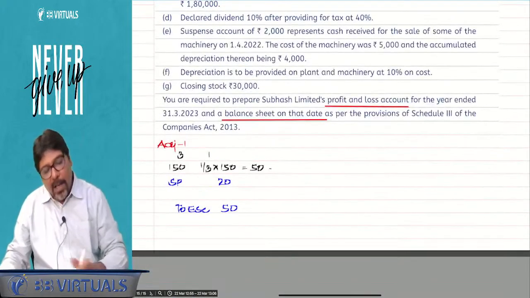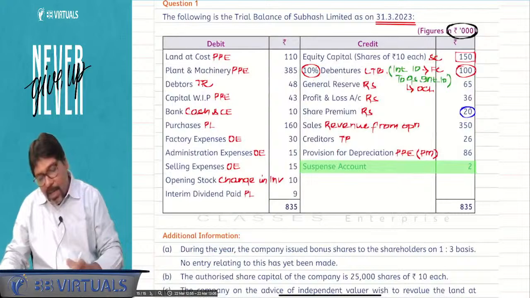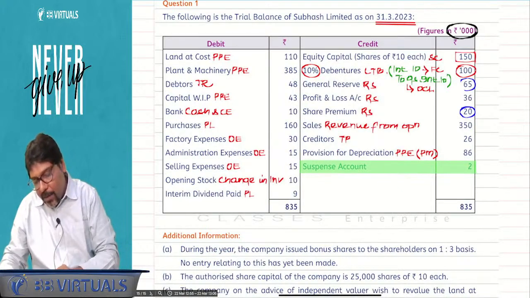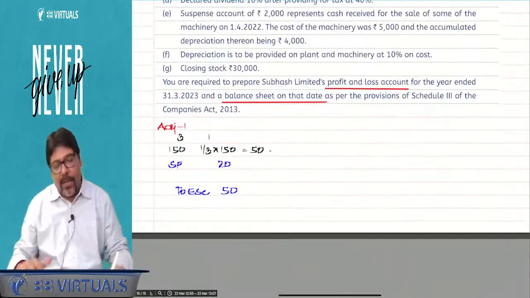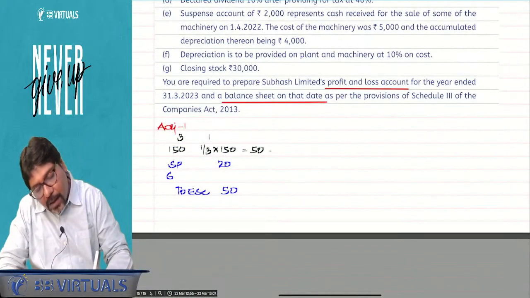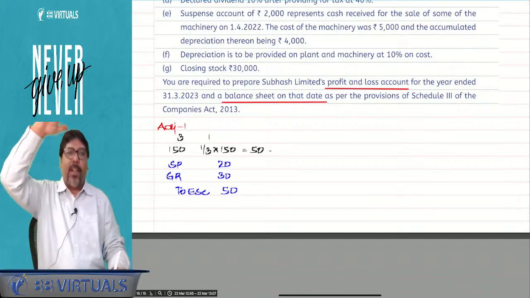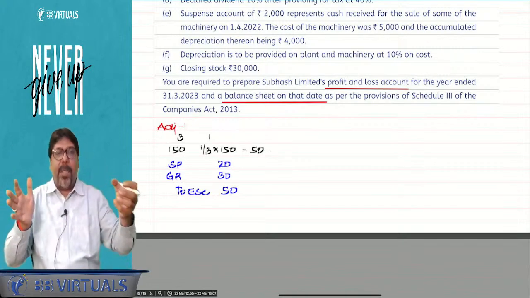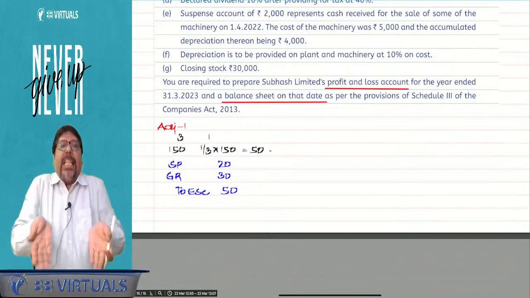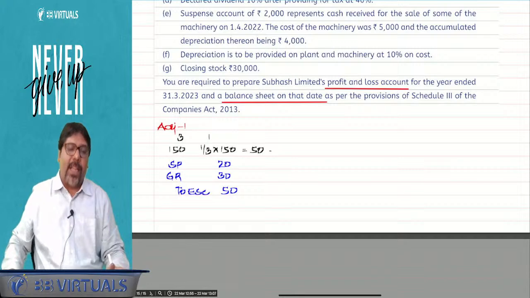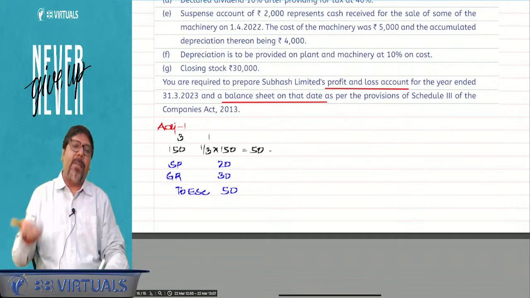Do we have 30 rupees in general reserve? Yes, in general reserve we have got 65 and we want to use only 30. So general reserve account debit 30. So security premium we took 20 rupees, general reserve we took 30 rupees. So we got 50 rupees, and that 50 rupees of bonus we gave by increasing equity share capital.